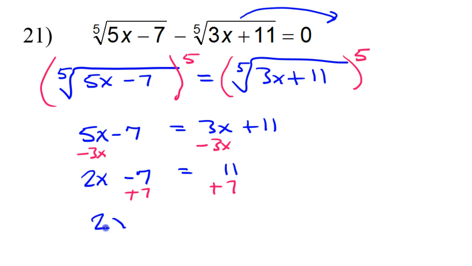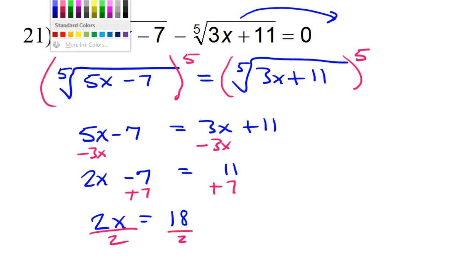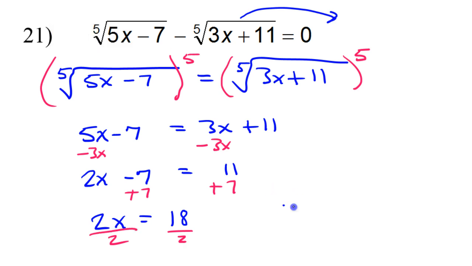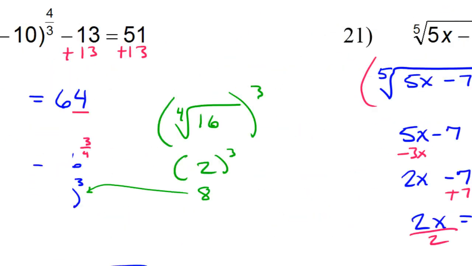Alright, so that's going to give me 2x is equal to 18. And then I'm going to divide both sides by 2. And that is going to give me x is equal to 9. Okay, so there's number 21. All right, let's take a look at number 22.